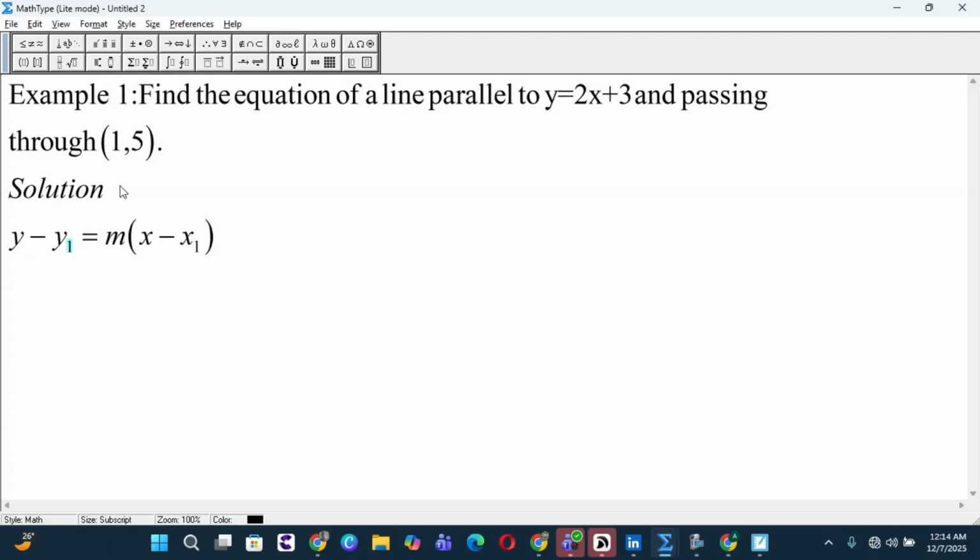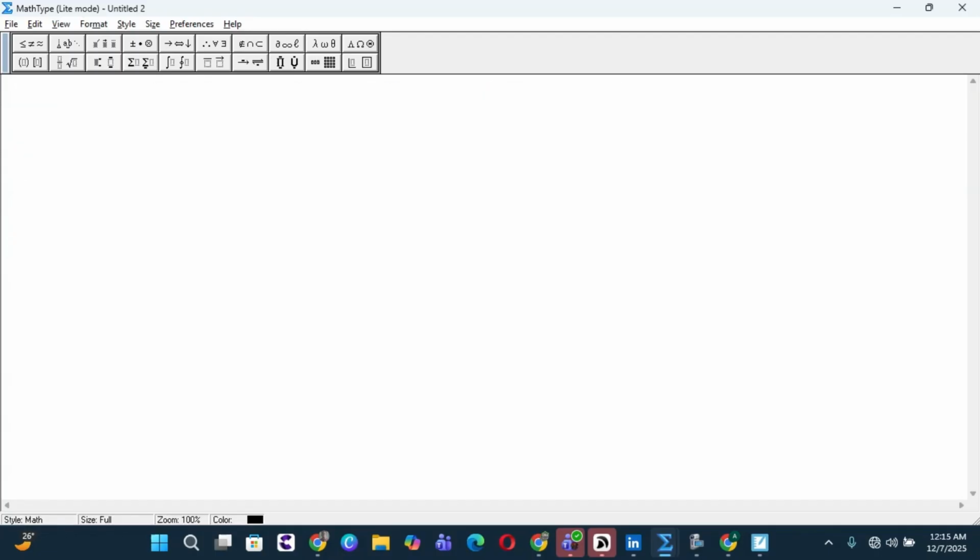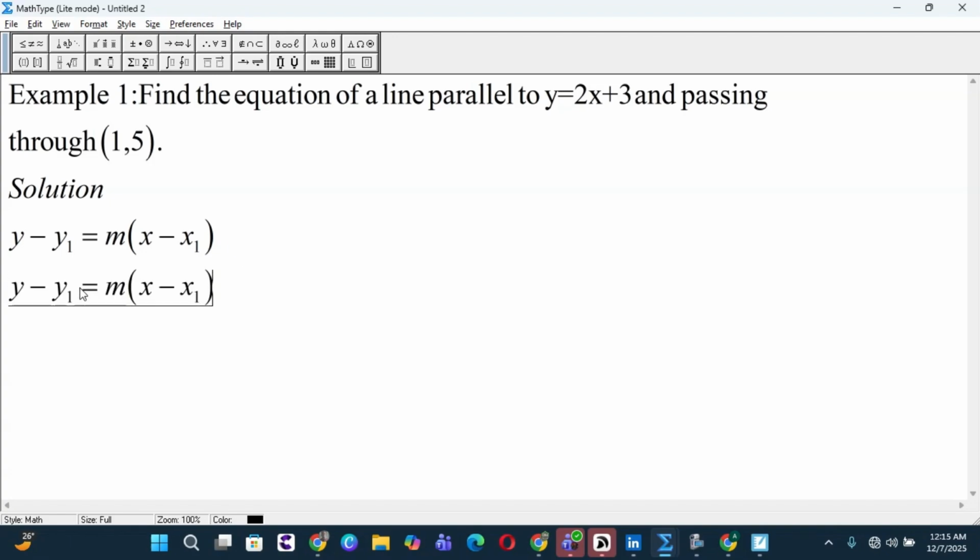So in this case, our gradient we've established from the previous diagram is 2. So x1 is 1, y1 is 5. So if I put in these quantities that we have, we can easily get this equation. In place of y1, I'm going to have 5. In place of m, I'm going to have 2 as the gradient. And this is going to be 1.